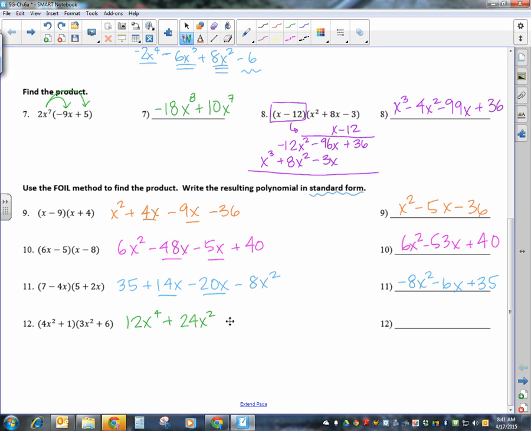Inside term, 1 times 3x squared is 3x squared. And the last term is 1 times 6. And just like the other FOILs, we actually have the two middle terms that combine. They don't always. If the exponents are not the same, y'all, you cannot combine them. So we have 12x to the fourth plus 27x squared plus 6.